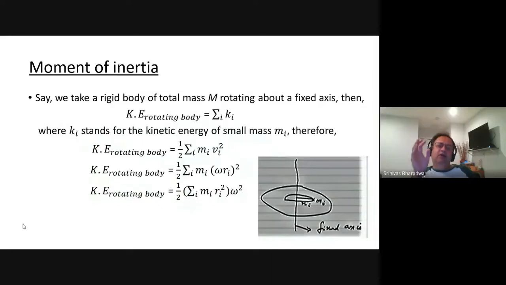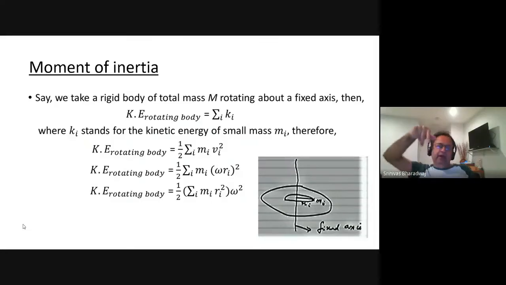Moment of inertia, on the other hand, think of it this way. It is half sigma mi vi square, right? So when something is rotating, what is happening? What is the kinetic energy? It is the kinetic energy of every particle in that movement.